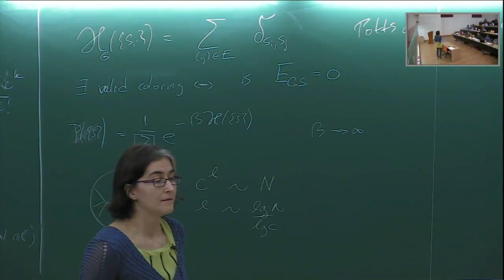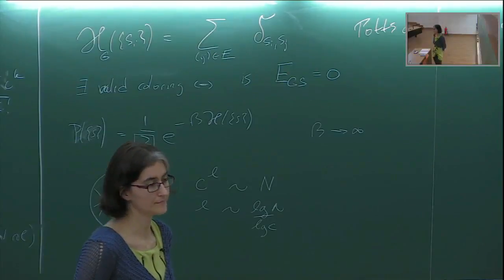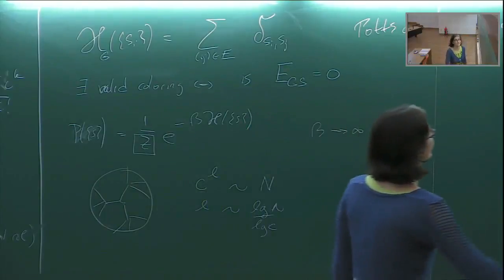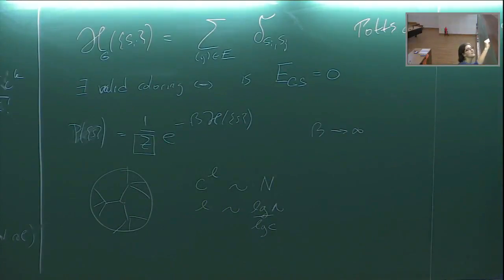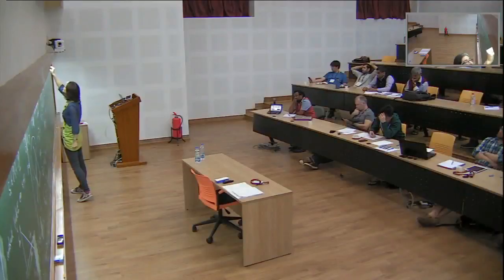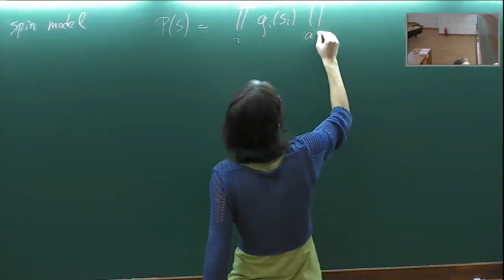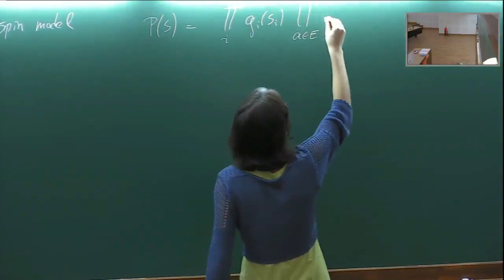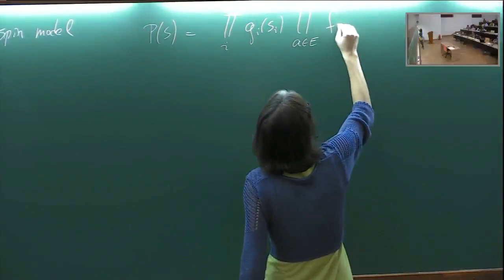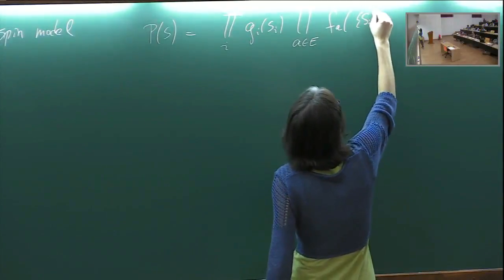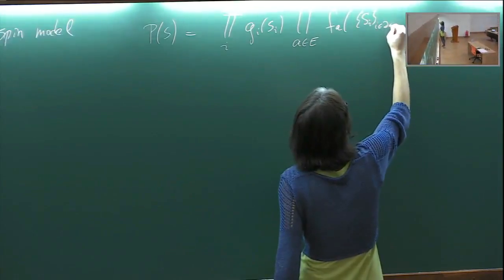It's much harder, that's true. I will even make it harder. I will not even do it for this Hamiltonian, but I will say I have some probability distribution that will be a product over nodes of some function g_i of s_i, times a product over, maybe not even edges, but hyperedges a, of some function f_a that depends on s_i such that i is in the neighborhood of a.